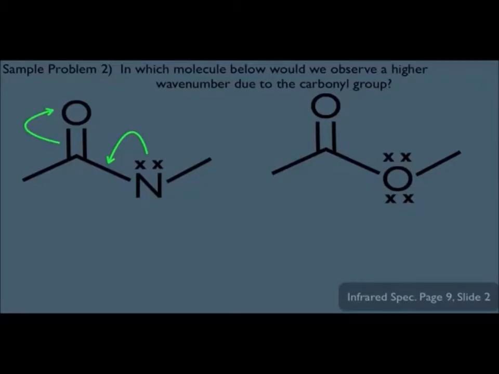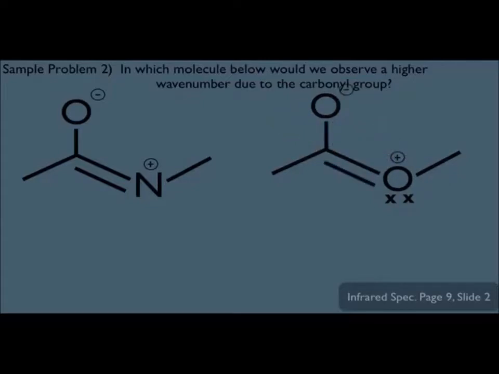The resulting resonance structure would be this right here. So right away we can see our carbonyl group for the molecule on the left has some partial double and single bond character. But notice we get the same resonance for the molecule on the right. Again, these electrons can jump up here, the pi electrons can move up on the oxygen, and we end up with this resulting resonance structure.